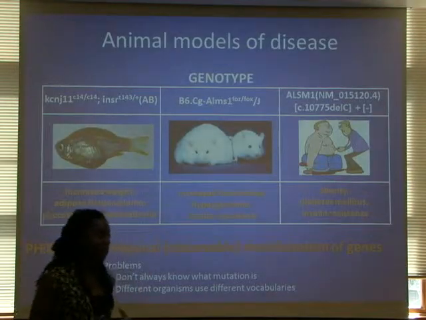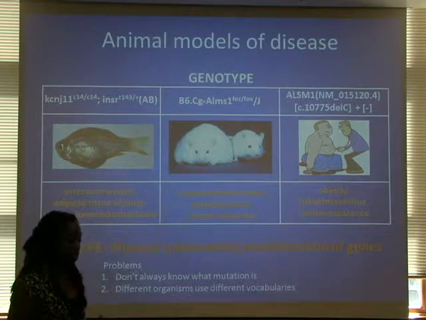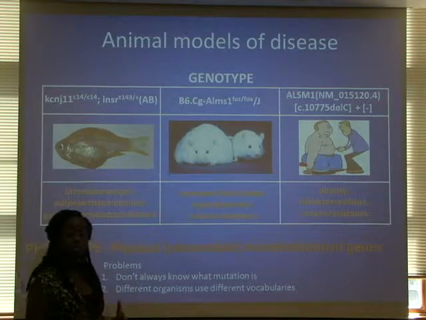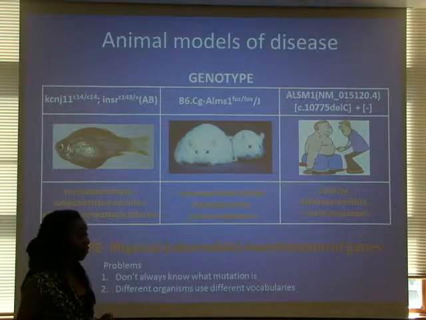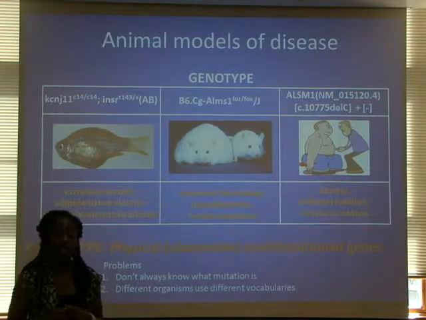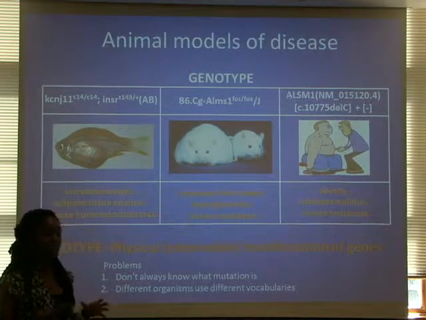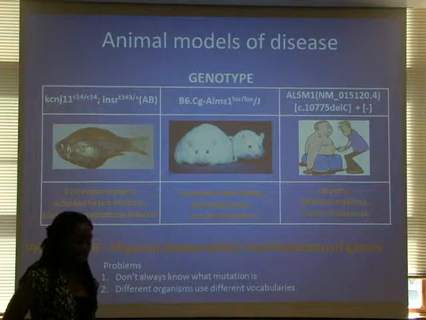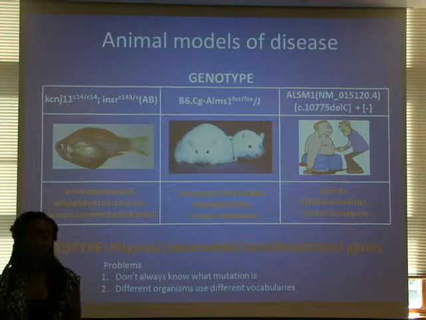And in the case of my project, the Monarch Initiative works with two types of data. Well, I've worked with two types of data, genotypic and phenotypic types of data. And so there are two problems that the Monarch Initiative and the ontology system built within it tries to solve. You don't always know what the mutation is, and different organisms use different vocabularies.